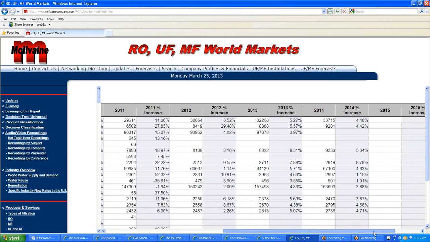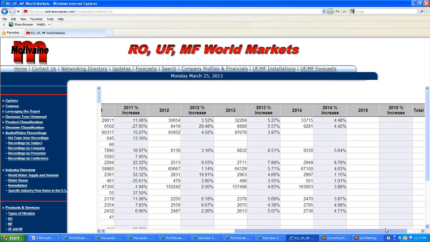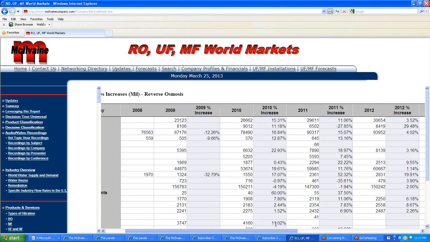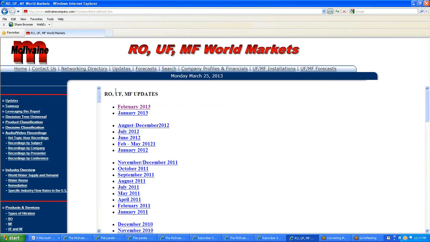If a Dow is looking at expanding their total market revenues by 14%, by 8.78%, or whatever the number is here, it indicates that they would certainly be targeting growth for their membrane business. As a matter of fact, their membrane business is likely to be growing faster than the company as a whole. So that is another useful resource.